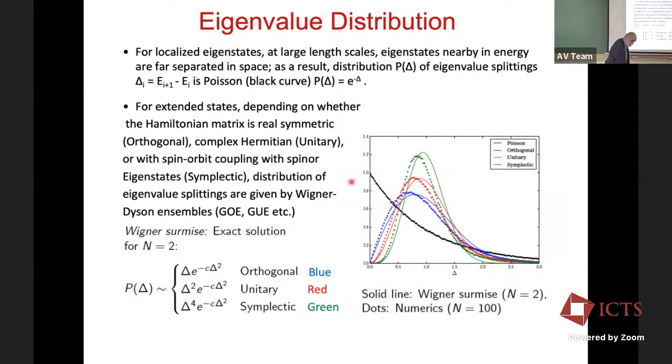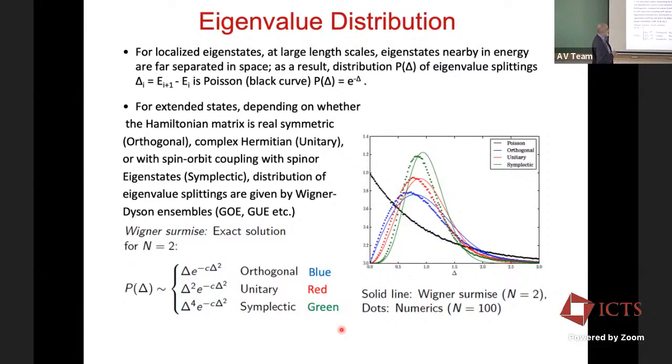These various ensembles were studied by Wigner and by Dyson many decades ago. Wigner had a surmise, depending on whether it was real symmetric, complex Hermitian, or symplectic, and those surmises were based on a 2x2 solution, or a solution with two sites.